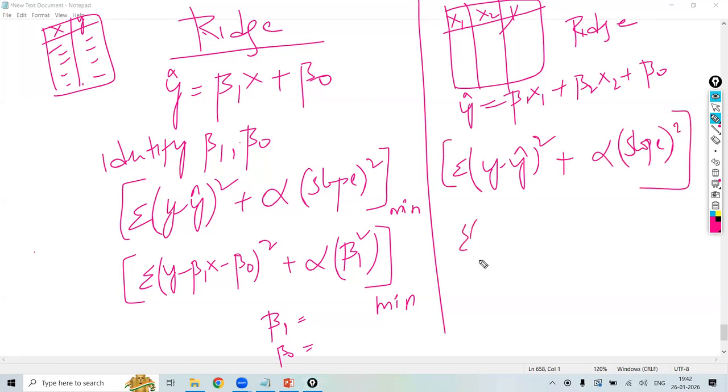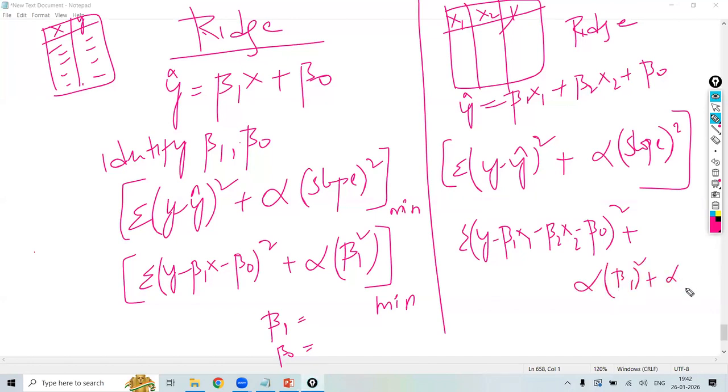Now, sigma of y minus beta 1 x1 minus beta 2 x2 minus beta naught, plus alpha into slope square. How many slopes are there? One slope, no, right? So beta 1 square plus alpha into beta 2 square.